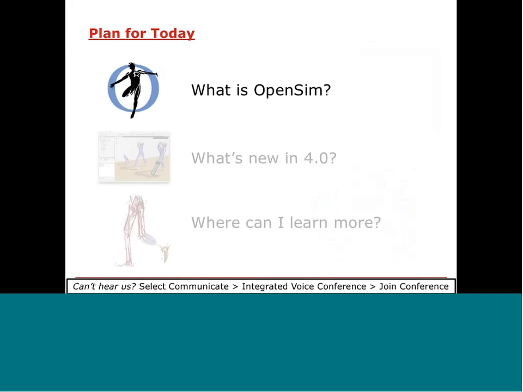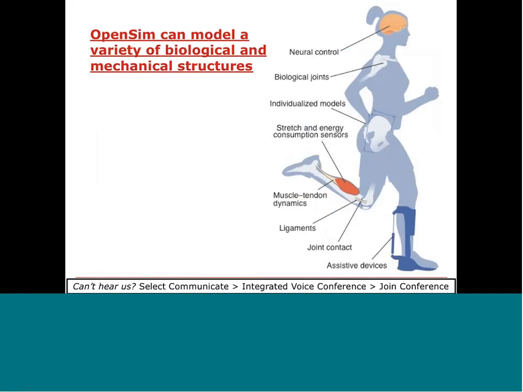So first, what is OpenSim? OpenSim is free and open source software for modeling humans and animals and simulating their movement. OpenSim can model many structures, including biological and mechanical systems. So there are components and tools to emulate neural control. There are components to model biological joints.